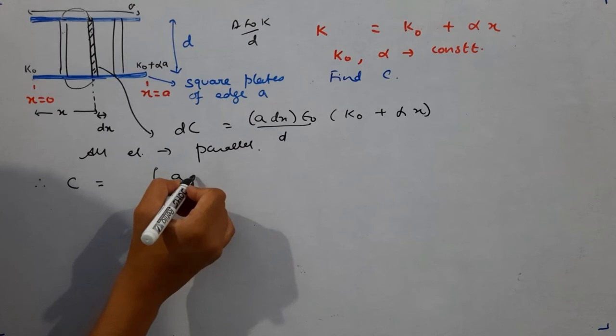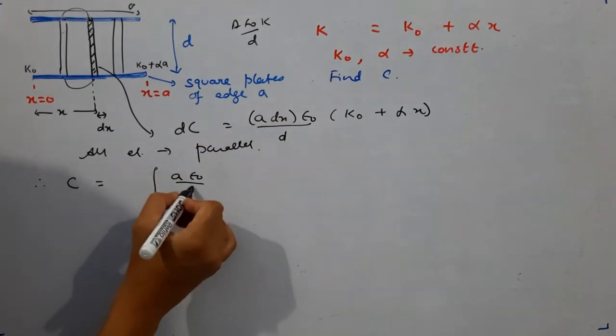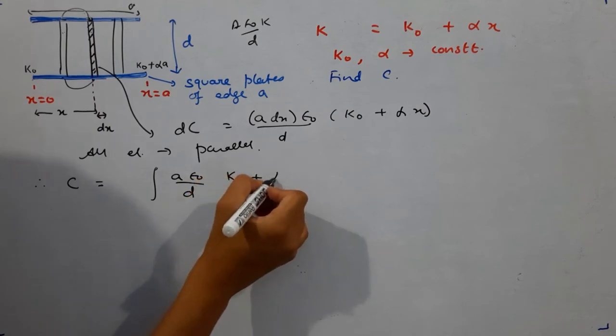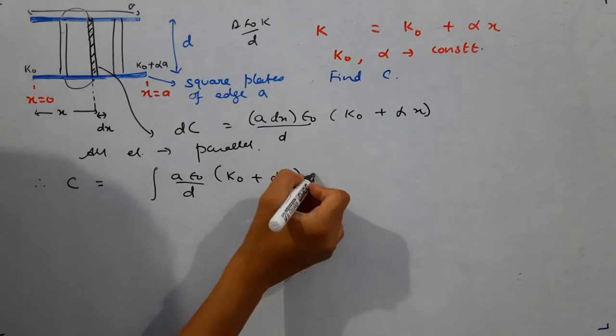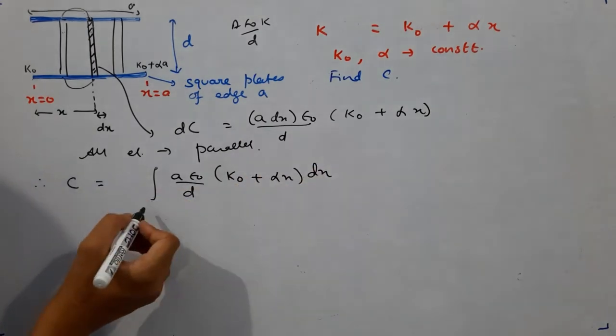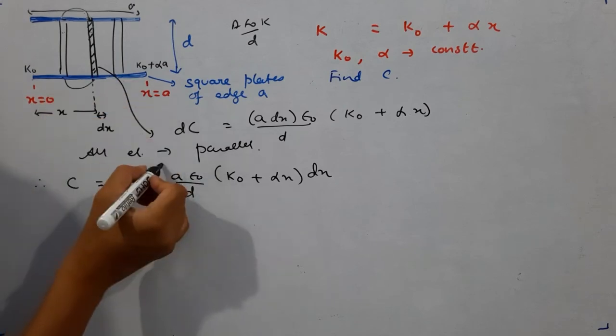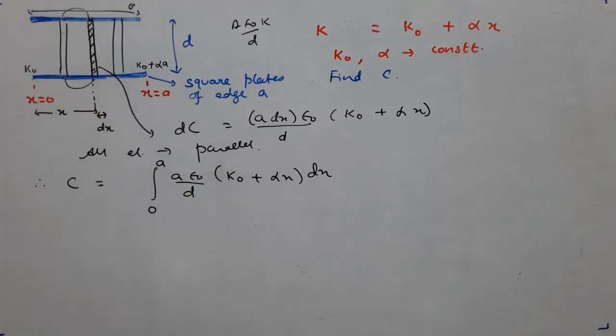That is A epsilon naught by d, times k naught plus alpha x, and then we have this dx, and the limits of integration will be from x is equal to 0 to x is equal to this point, that is a. This is the answer to this particular question.